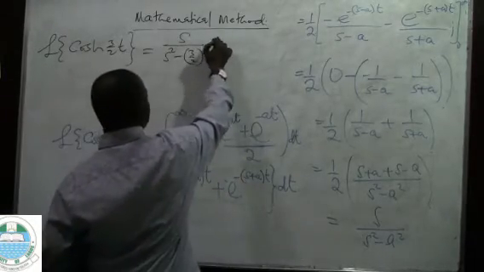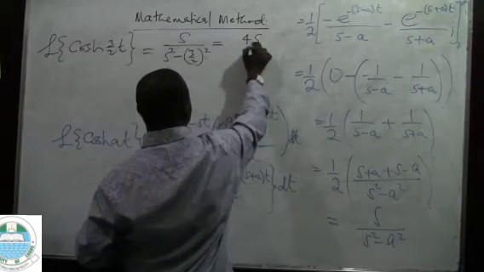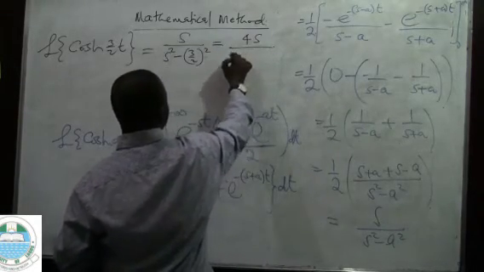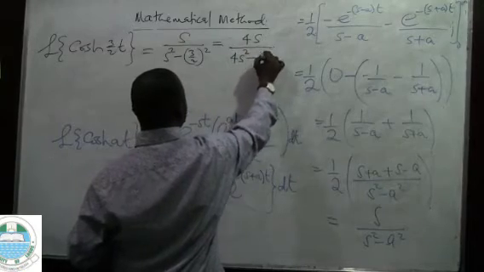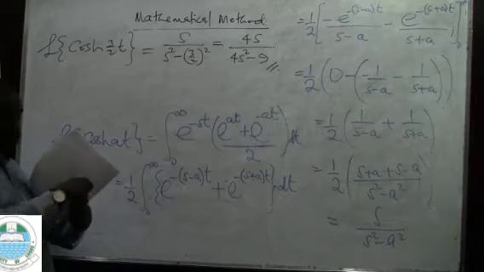So simplification gives 4s divided by 4s squared minus 9. That solves the problem. Upon simplification, that's what we are going to have.